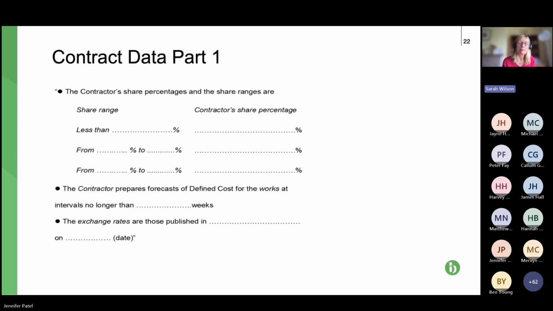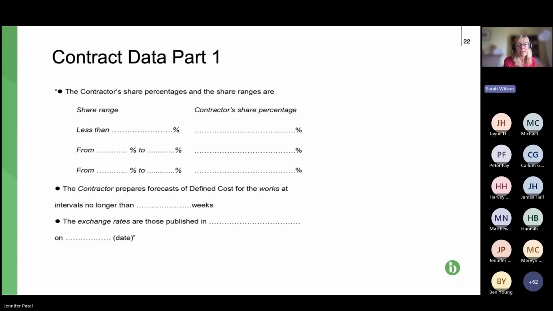But this is where it shows how you've got to identify the share ranges. It'd be far easier if it just said we split any gain 50-50, we split any pain 50-50. That would be so much easier for the lawyers in the room to understand. But that's not how it's dealt with. Obviously, you could have it like that, but it's not.